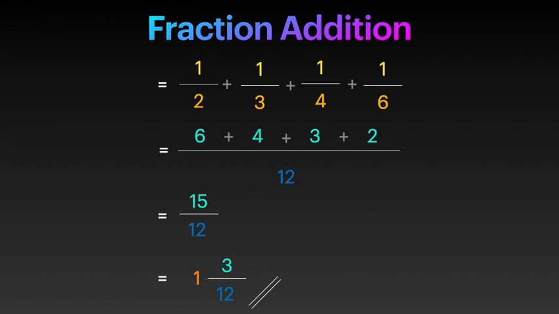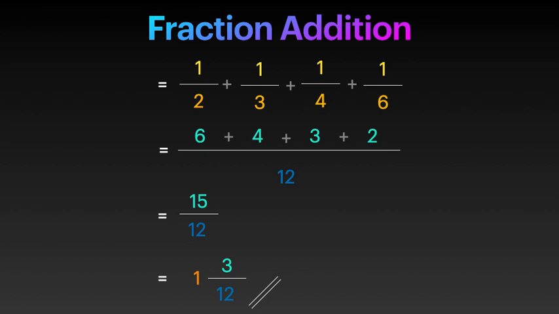That means 2 has been multiplied by 6. Therefore, we multiply the top part by 6. So now we have the equivalent fraction of half where the denominator is 12.